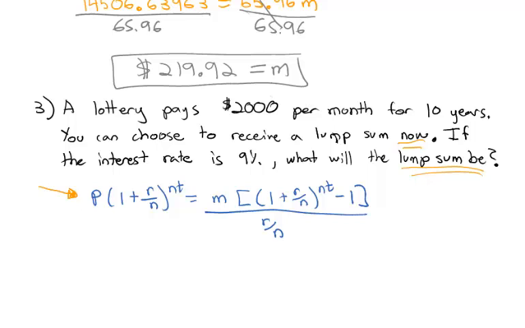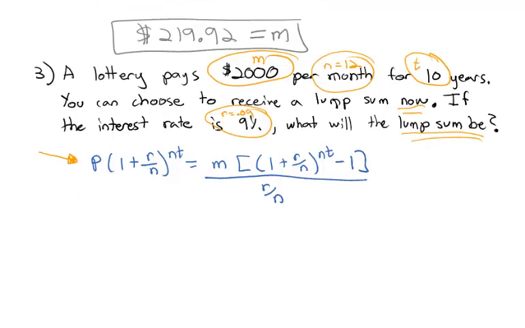So we've got this $2,000 per month, that's the regular payment. 10 years is the amount of time we're going to be receiving it. It is per month, so the number of payments per year is 12. And it's at 9%, so the rate is 0.09. So when we plug all of this into our formula, we'll find out what this lump sum payment is going to be worth.